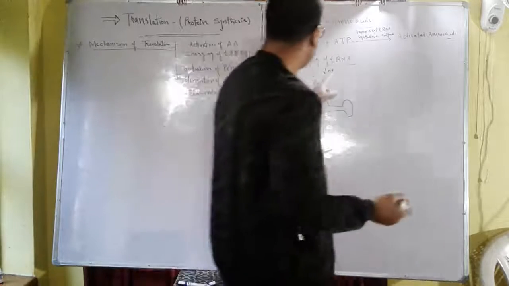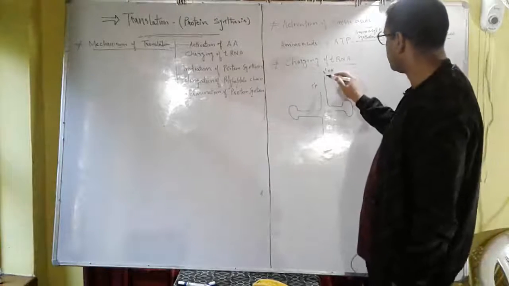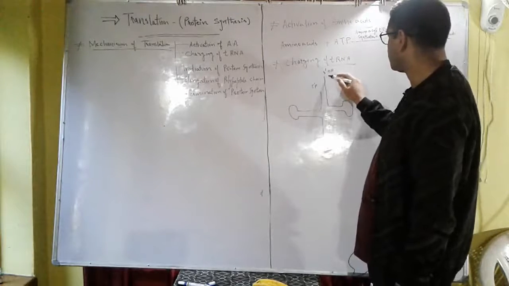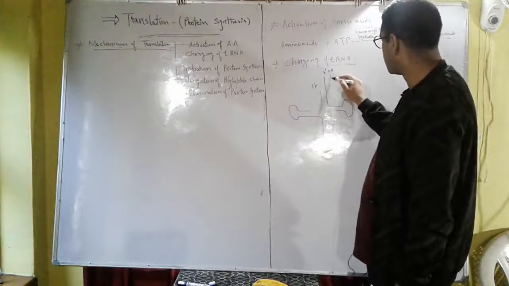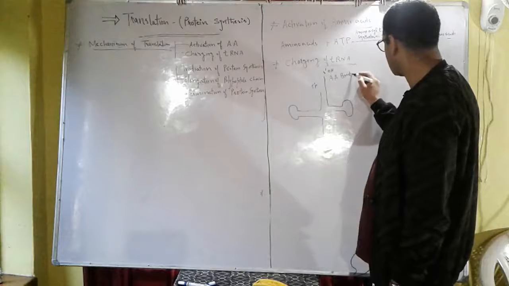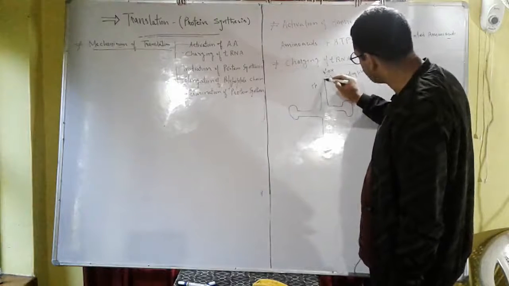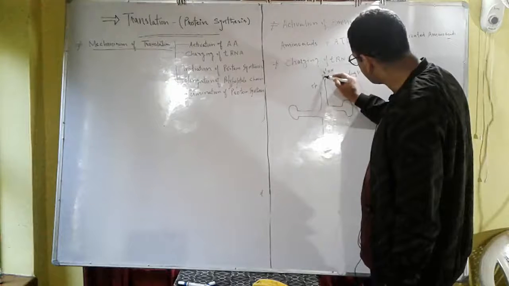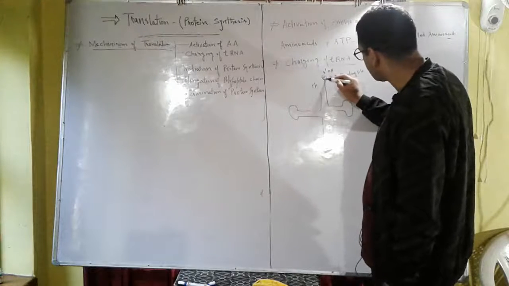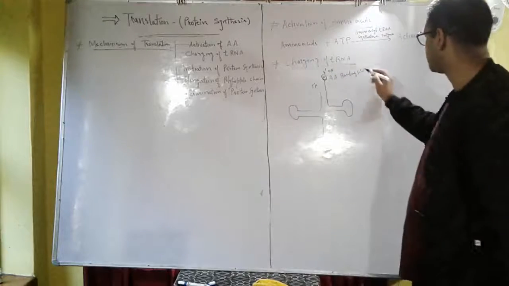This 3' hydroxyl end of the tRNA molecule is the amino acid binding site. That means at this site the amino acid gets bound. For example, this is the amino acid, and this is called the amino acid binding site.